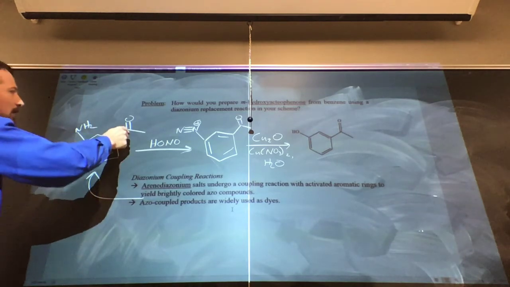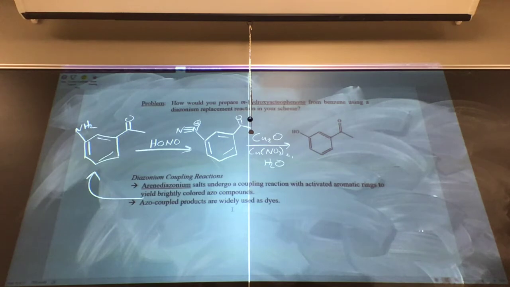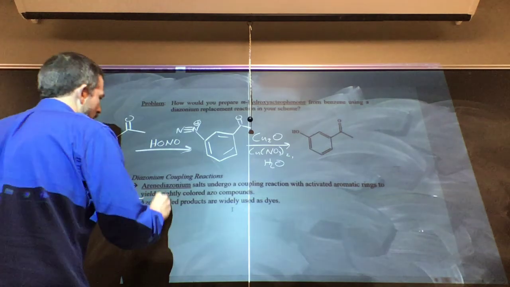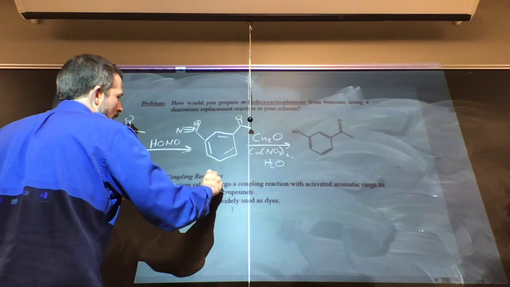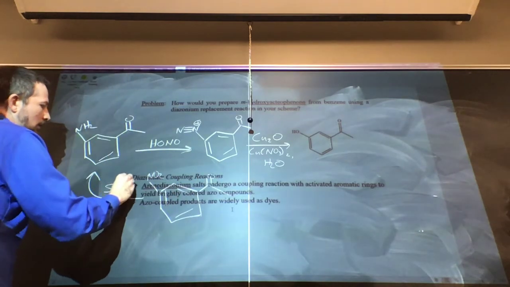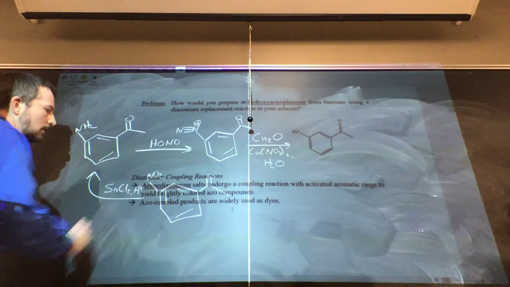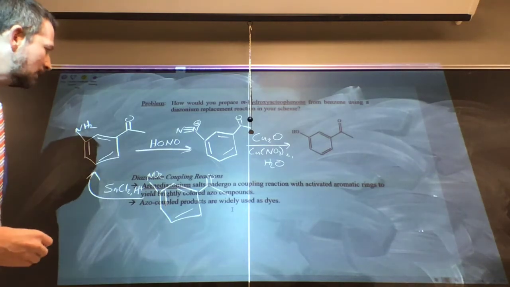Now this is a meta director, so I could add something there, but what could I add? Well, if that was a nitro group, I could change my nitro group into my amine, my NH2.